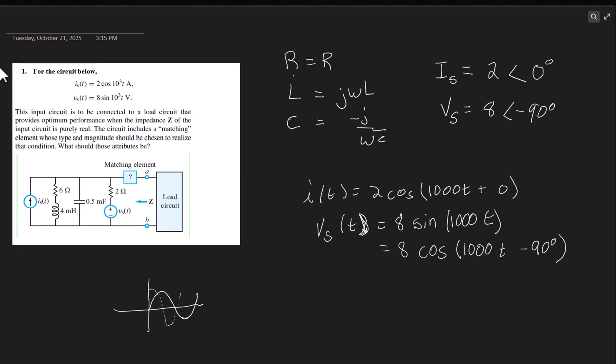Thinking about our complex plane, where this is the real and this is the imaginary, where am I if I go to negative 90 degrees? Yeah, that's just on the imaginary axis. So this is the same as minus 8j.